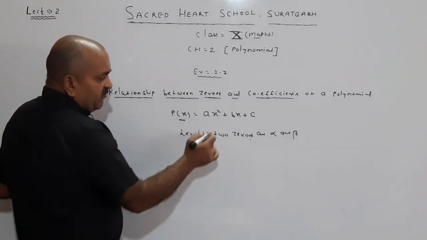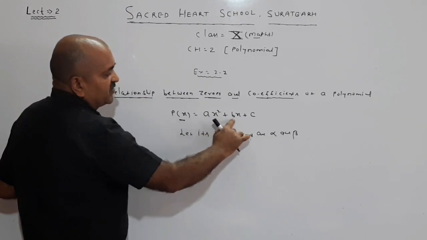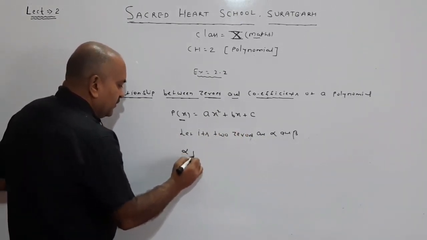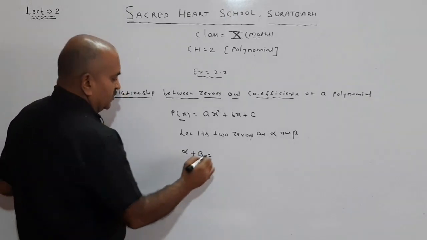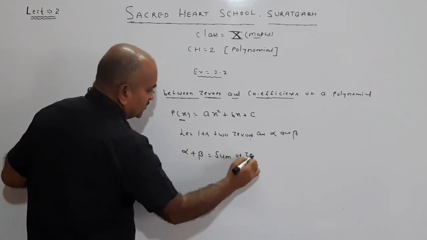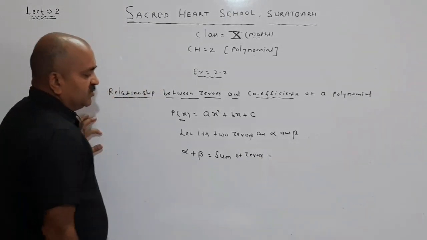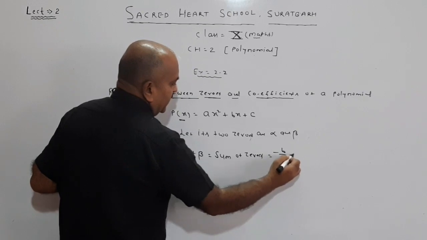So students, what is the relation between these zeros and coefficient of the polynomial? Yes, students, alpha plus beta means sum of zeros. Sum of zeros, alpha plus beta, and its formula is minus b by a.